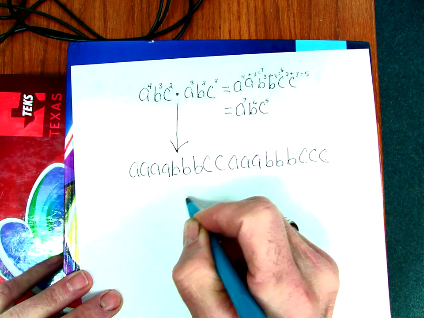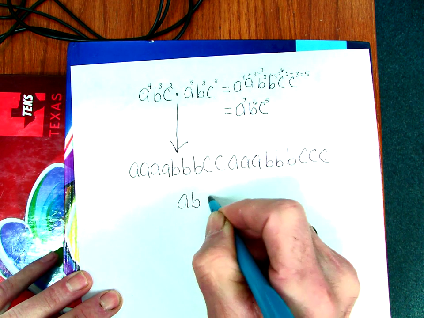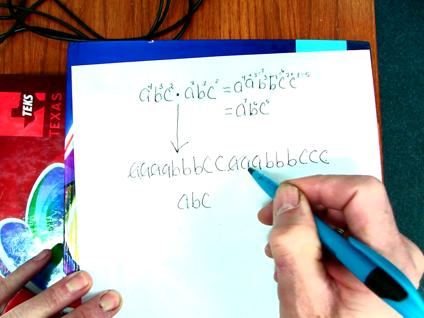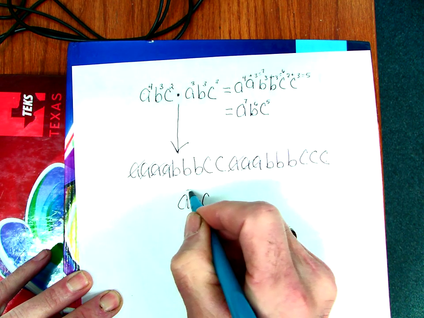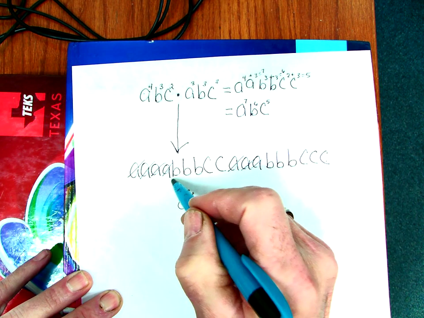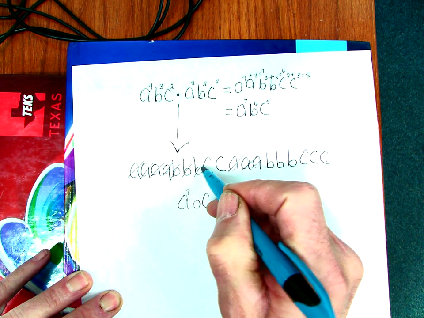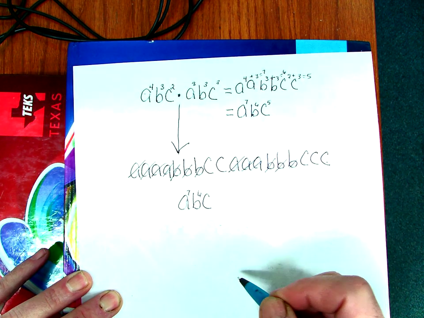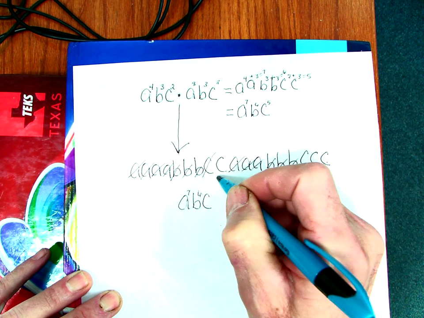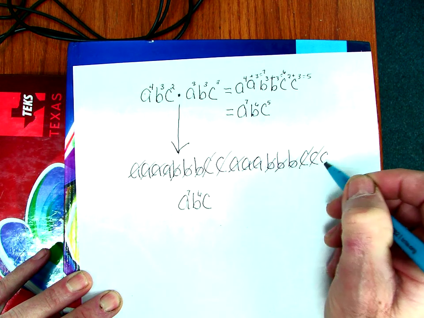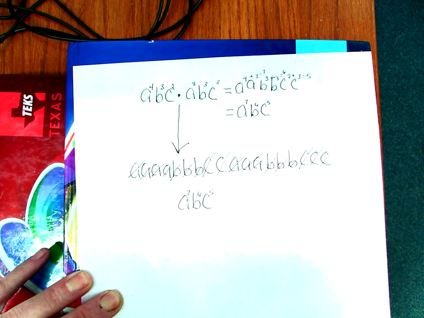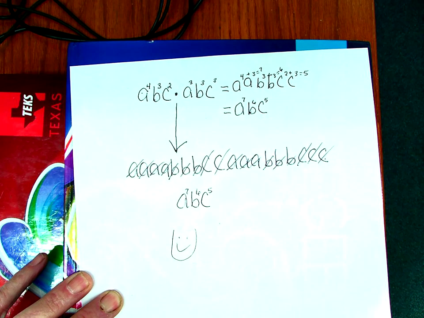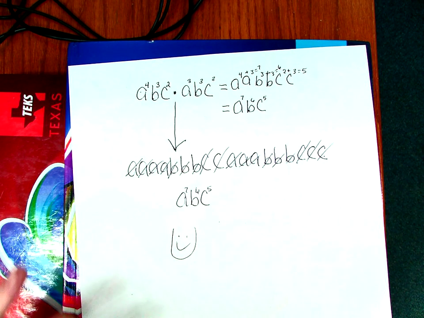And now you just count. a's: 1, 2, 3, 4, 5, 6, 7. a to the 7. b's: 1, 2, 3, 4, 5, 6. b to the 6th. c's: 1, 2, 3, 4, 5. c to the 5th. Isn't it wonderful? Absolutely.